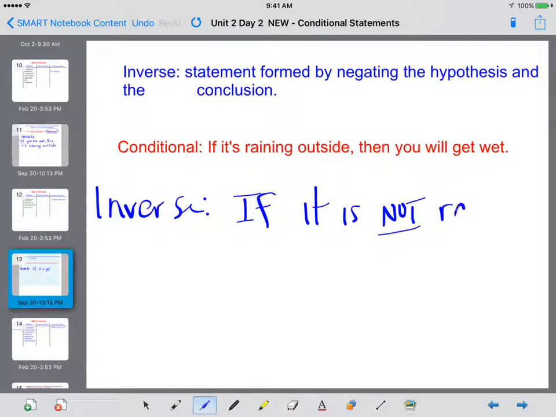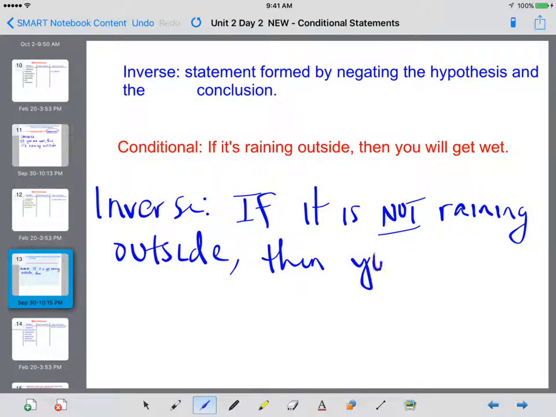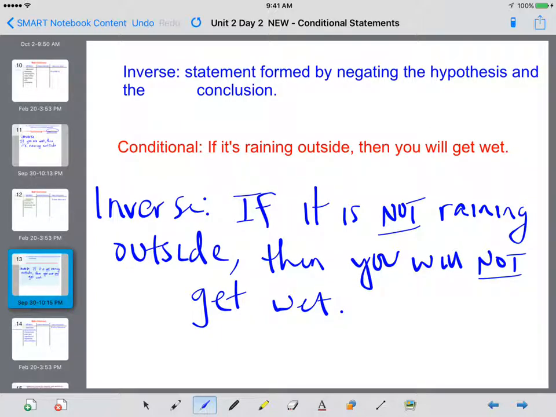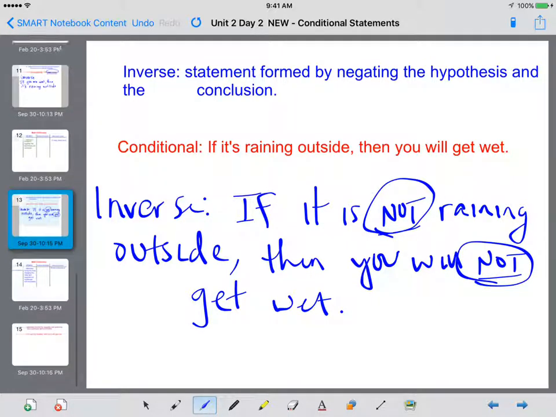If it is not raining outside, then you will not get wet. So the inverse, we keep the same order, but we negate it, meaning we say not or some form of not to negate the statement. But we keep the same order.